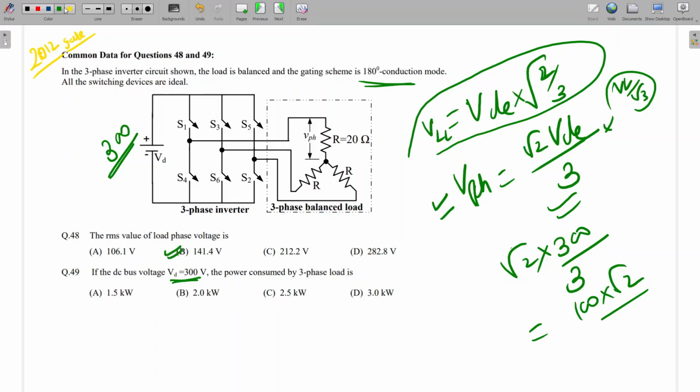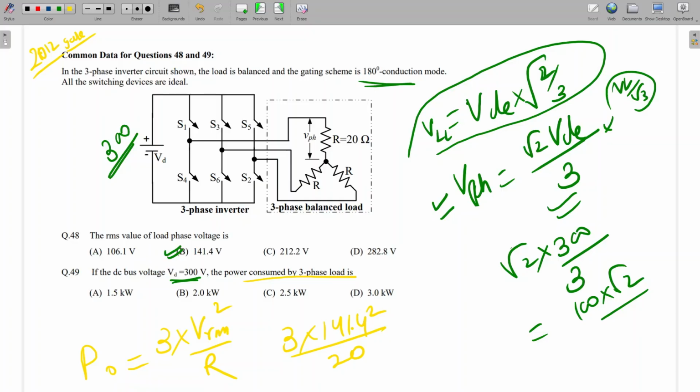And the second part, what do we have to calculate? Power consumed by the three-phase load. So 3 into V RMS whole square by R will be the power. So 3 into 141.4 square divided by 20.